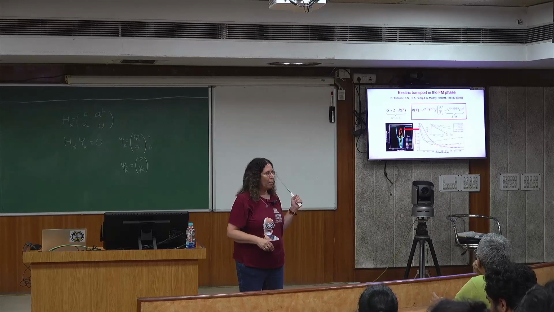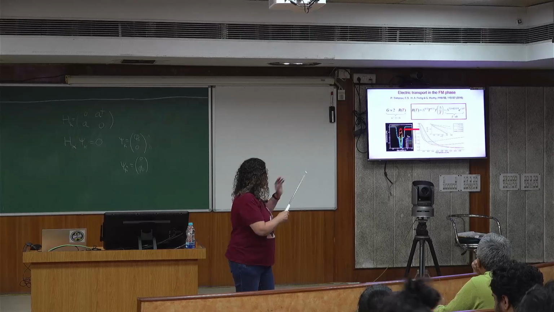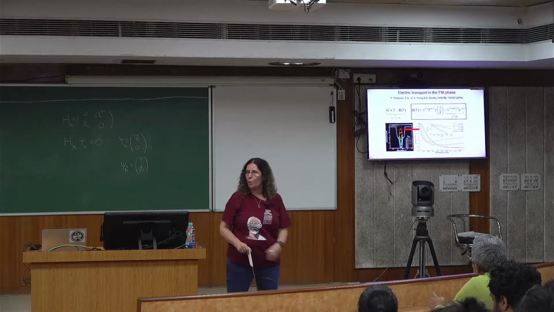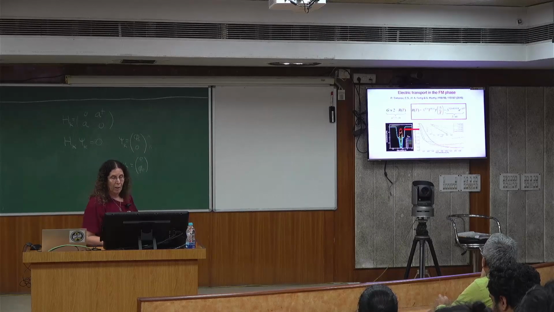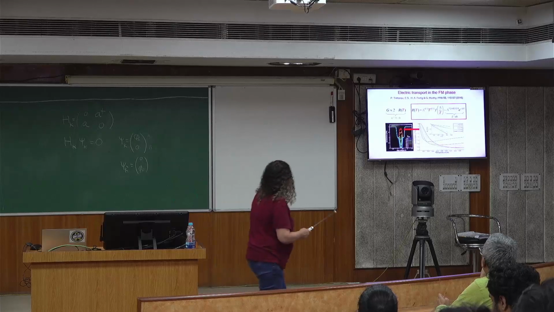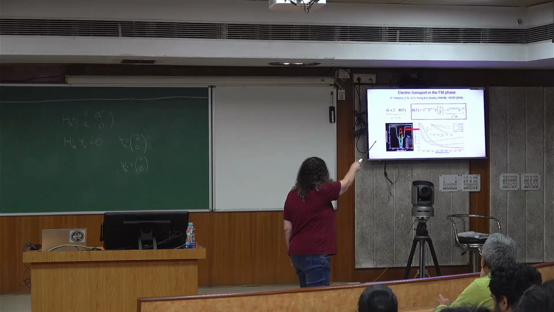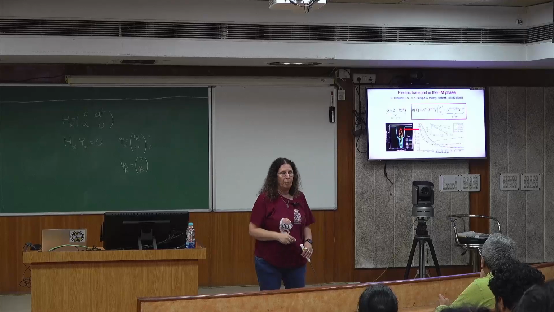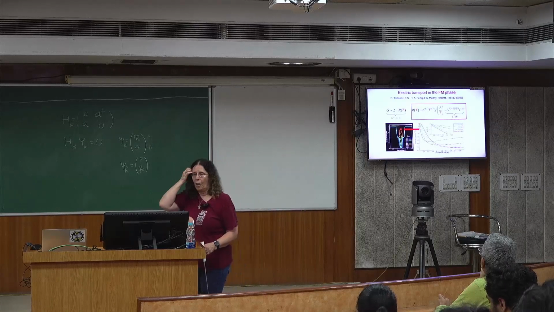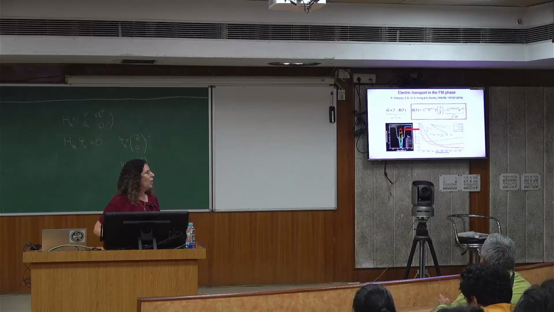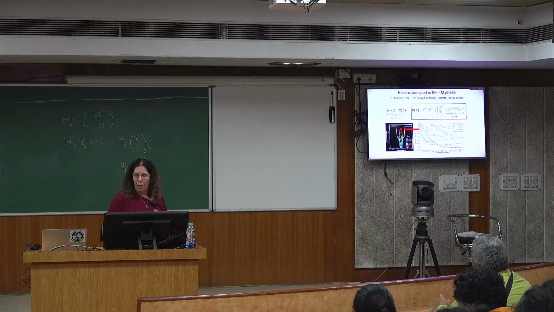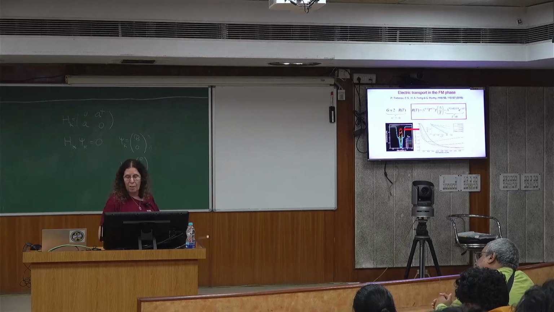Calculating transport is a little more involved, but it turns out you can find a closed expression for the resistance. In this expression, delta is the gap of the spin waves, which is parameterized by the Zeeman energy, so it's basically a measure of the Zeeman energy, and T is the temperature.